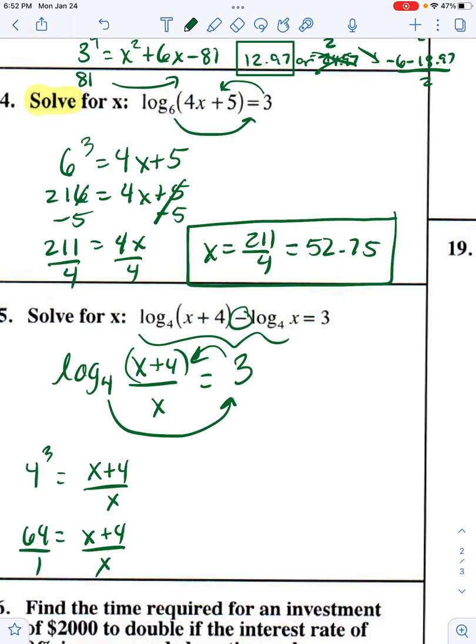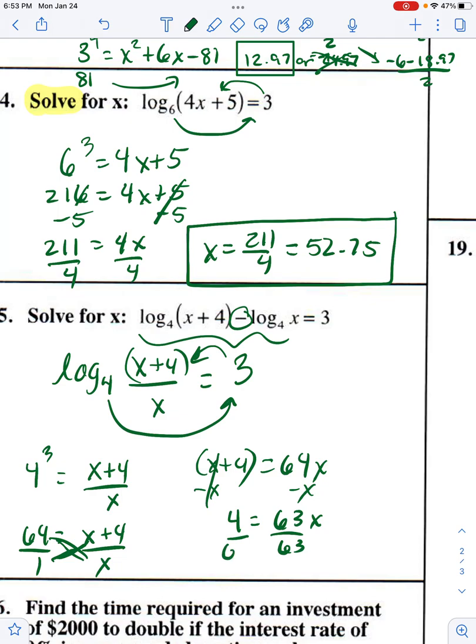And what we did at the time to make it look more familiar was we threw that over 1, and then we knew we could cross multiply. So we get 1 times x plus 4 on this diagonal equals 64 times x on this diagonal. So moving this over, I have 4 equals 63x.